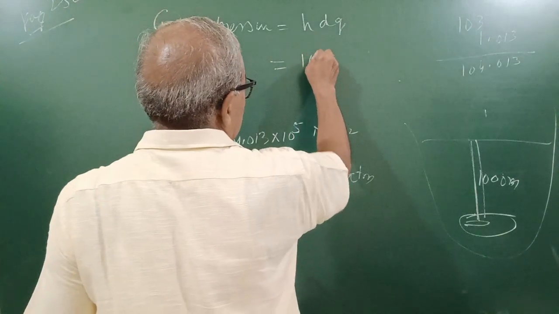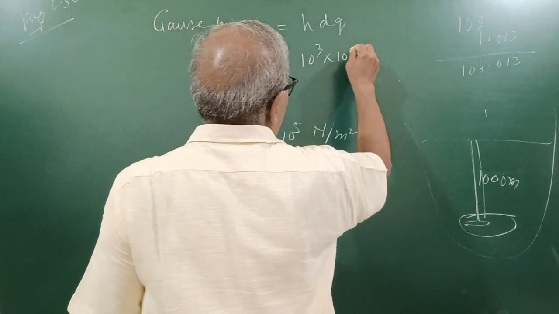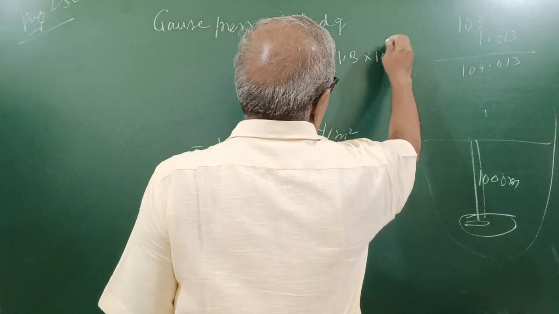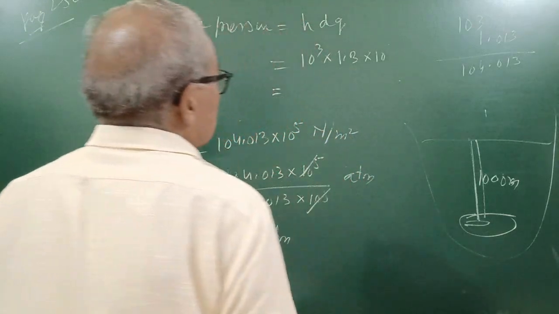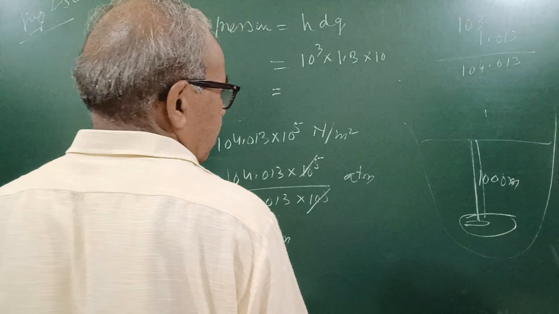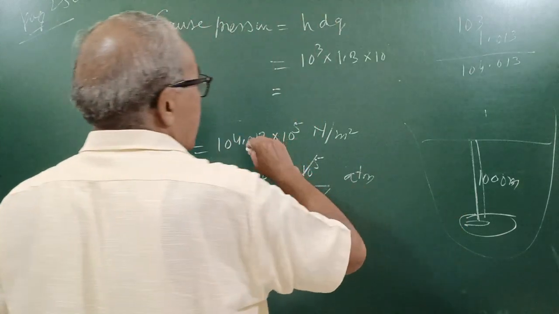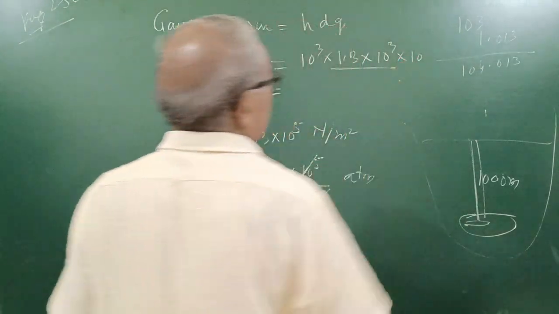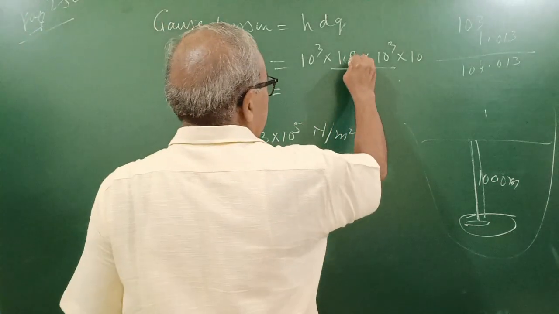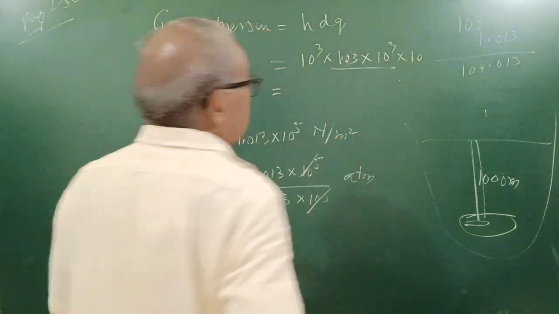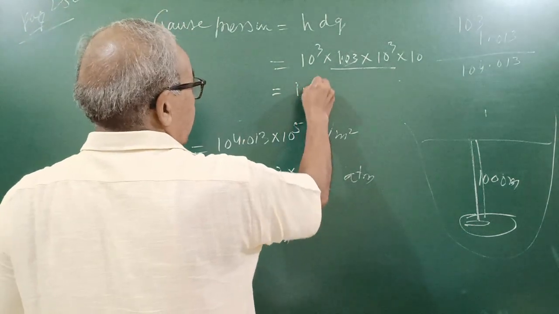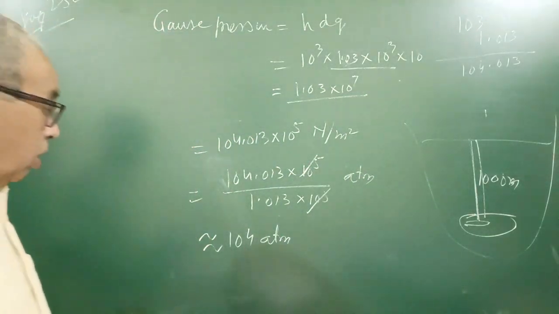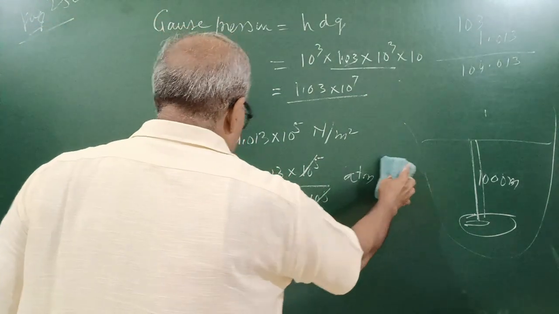It was simple: 1000 meters into 1.03 × 10^3 into 10, so it is 1.03 × 10^7. This is the gauge pressure. Now you are asked what is the force on the window.